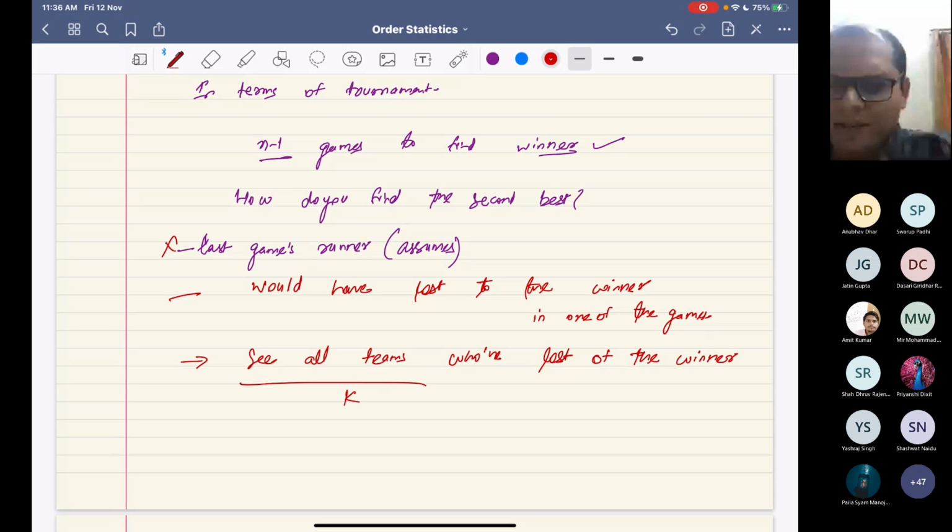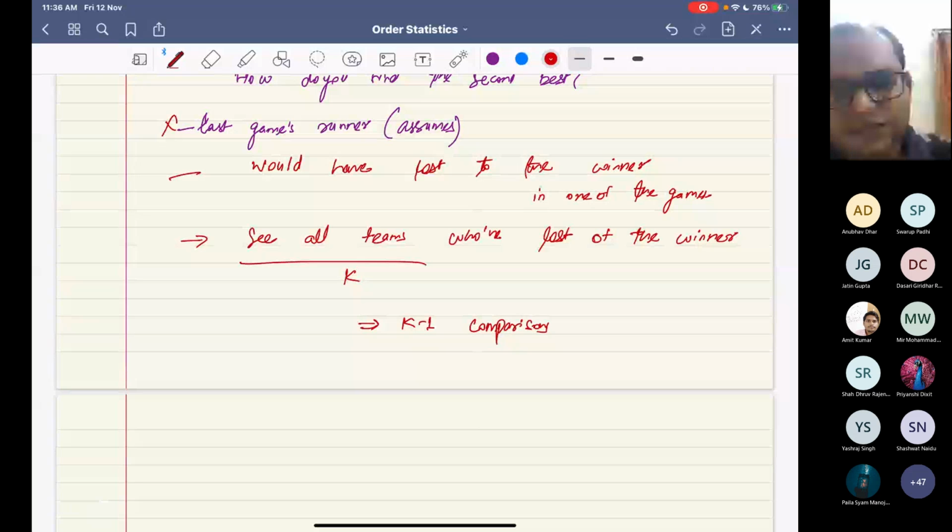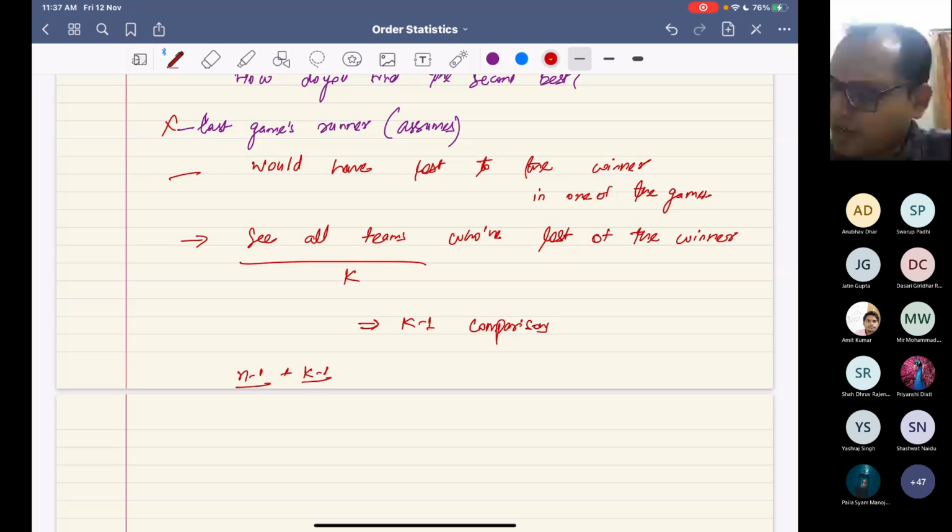Then you have to find the best among these, which will take k minus 1 comparisons. So the total is n minus 1 plus k minus 1. So what is the minimum number of comparisons?